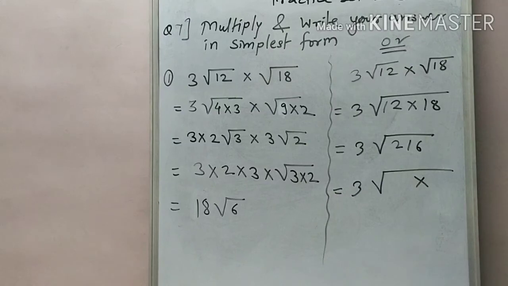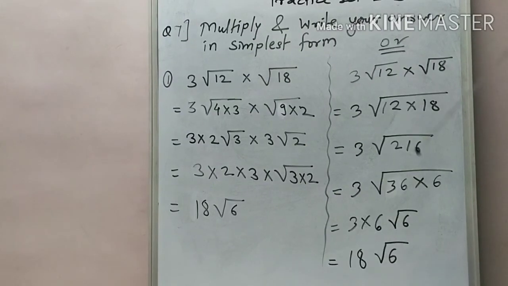Those factors are 36 6s, and the square root of 36 we take outside as 6, the 3 as it is, 3 into 6 root 6, 3 6s are 18 root 6. So this is also a method to solve this kind of example to get the simplest form of the given multiplication.